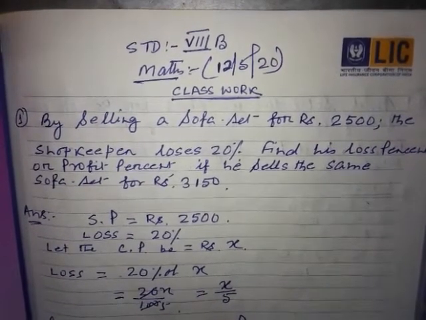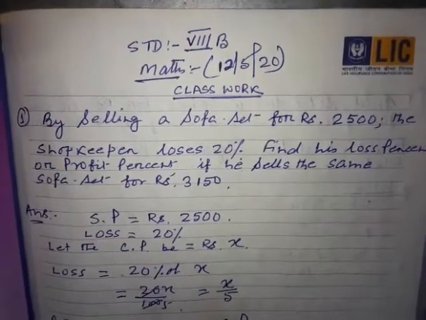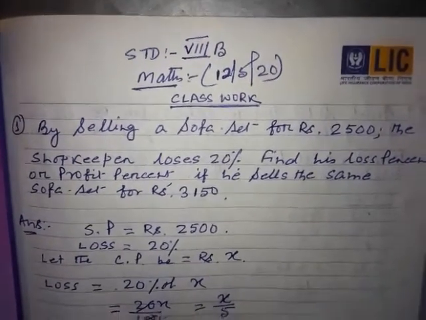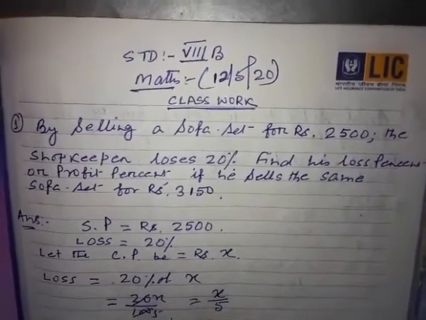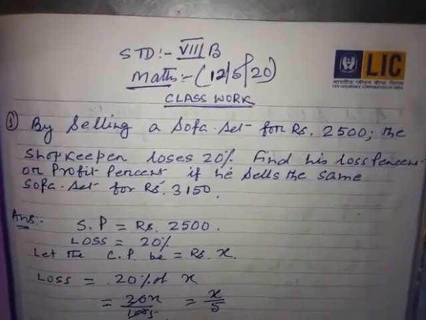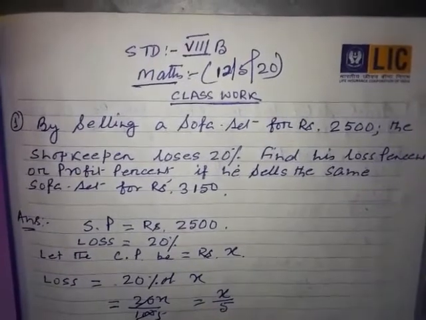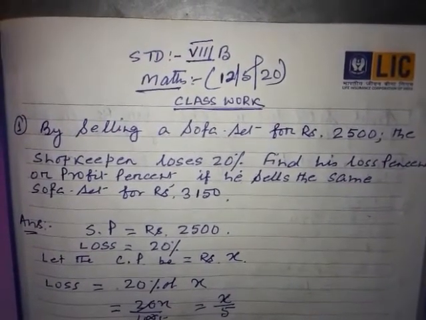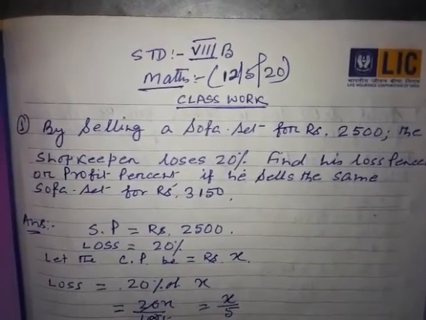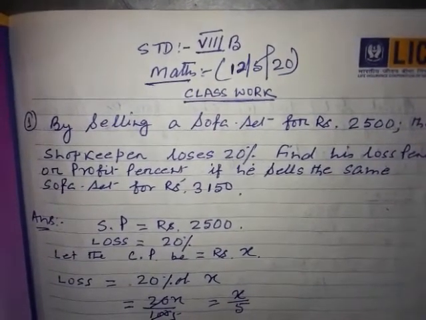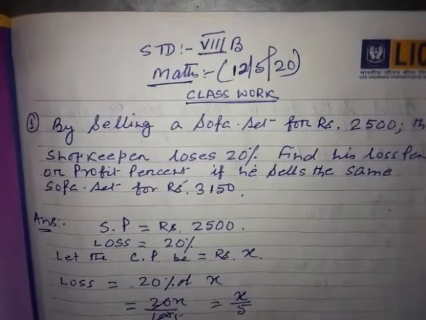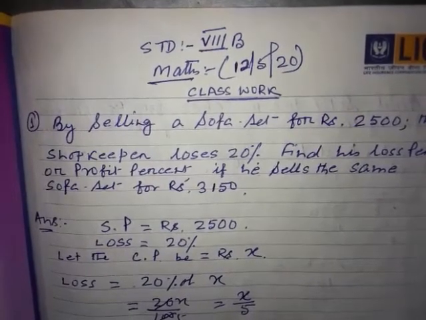And the second thing I told you yesterday was about overhead or overhead expenses. What is overhead? Overhead expenses is extra money that you have spent. Overhead is always added to the actual cost of a product or goods.